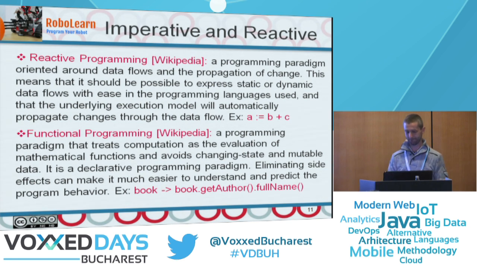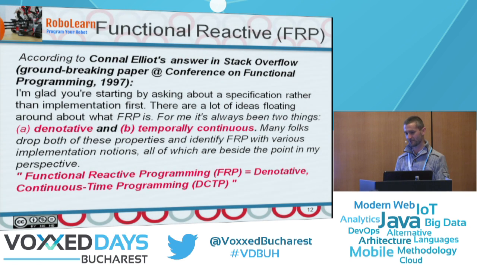And that is the idea, marrying these two concepts and making functional reactive programming, which was first coined as a term, I think, by Conal Elliott in the 90s. And there are actually two main parts of the definition of functional reactive programming: denotative semantics and temporally continuous. By denotative, it means that the functions could be composed side-effect free.